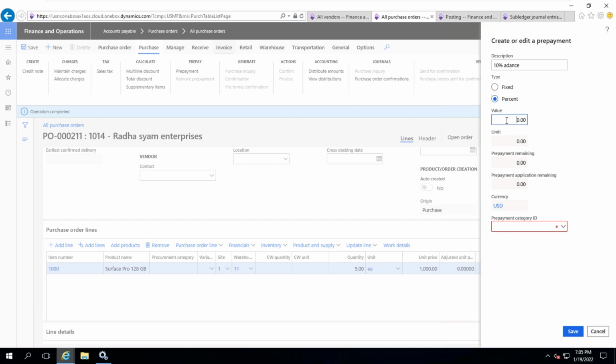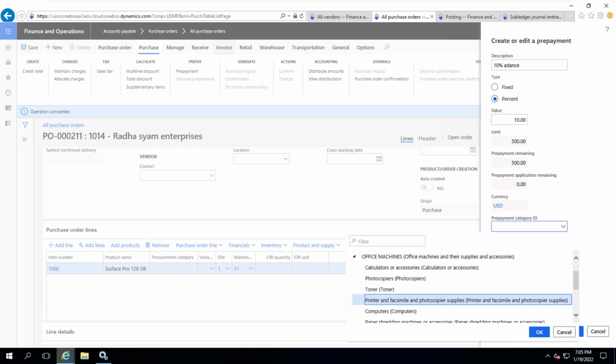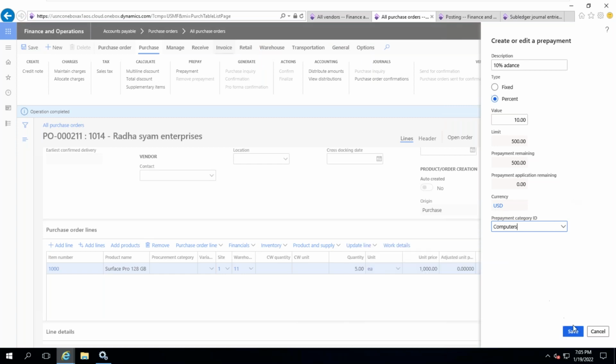Suppose I'm entering a percentage of 10%. So out of 5,000, 500 is the advance payment. Now I'm selecting the item; you can select any item, there is no issue. Something like computers, toners, anything is fine. Select the relevant information. Click save.